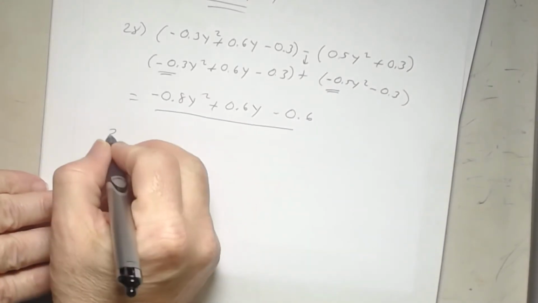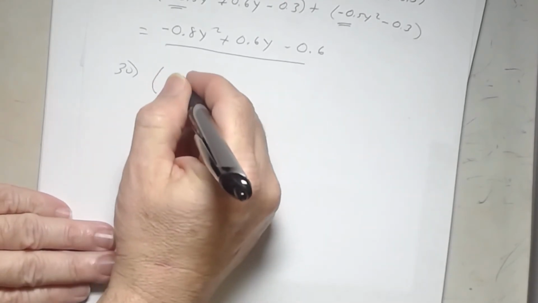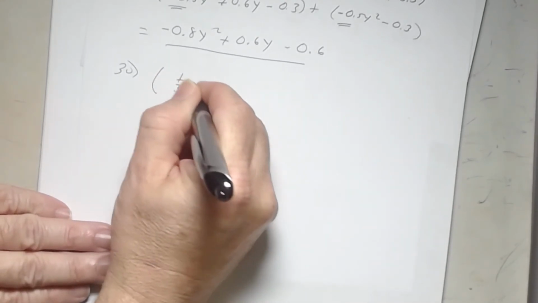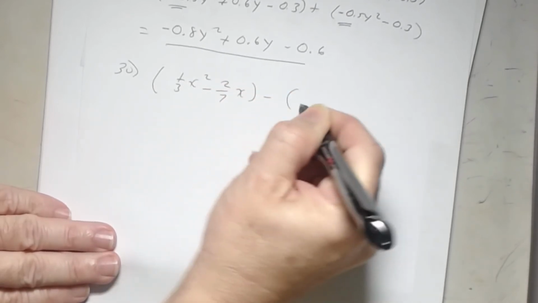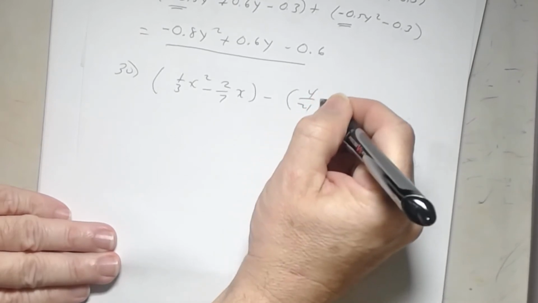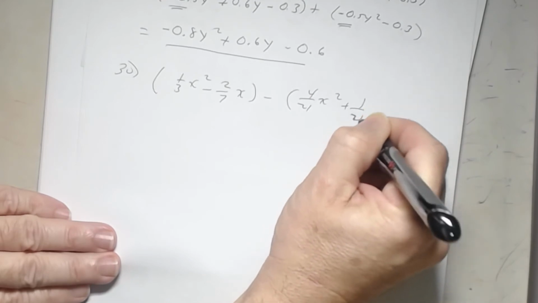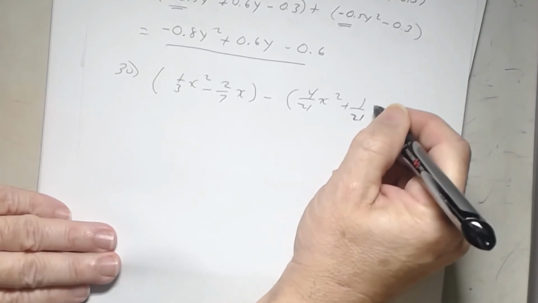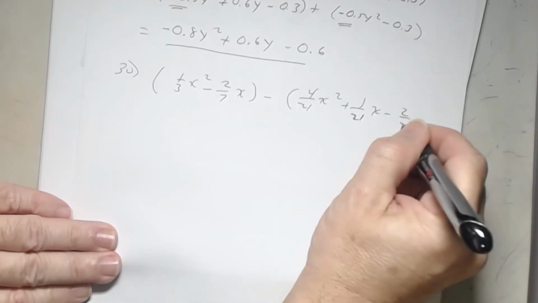All right. And then finally, the one with a fraction in it. So this will be number 30. Use your calculator with those. So you have 1/3 x squared minus 2/7 x, subtract 4/21 x squared plus 1/21 x minus 2/3.